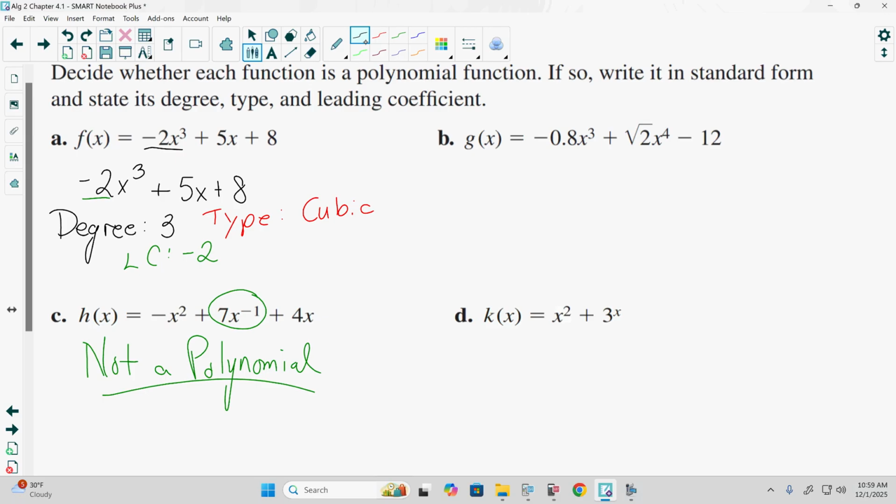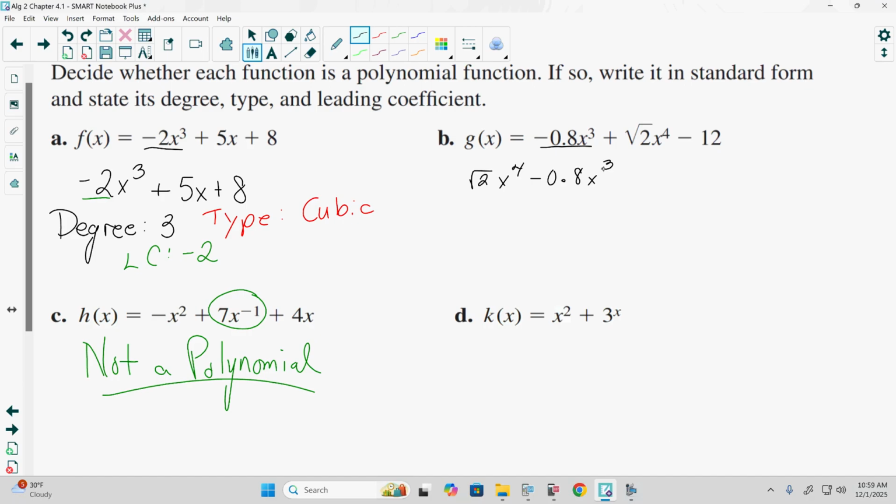So which variable has the biggest exponent? The square root of 2x to the fourth. It has to go first. Then our x to the third would come second, so our minus 0.8x cubed. Our x squared term would come next, but since there's not one, we're not going to list it.